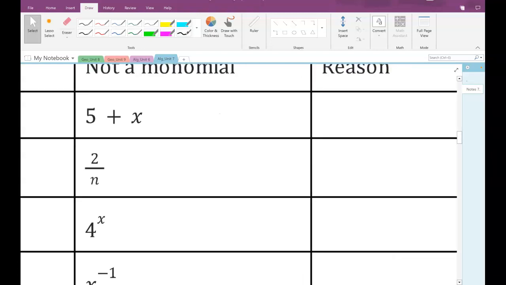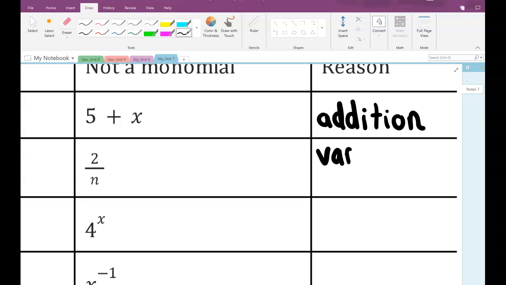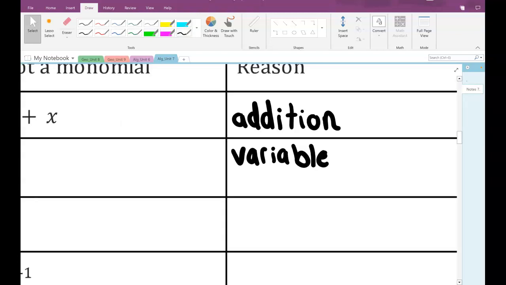So the reason this is not a monomial is because it has addition. 2 divided by n is not a monomial because we have a variable in our denominator.